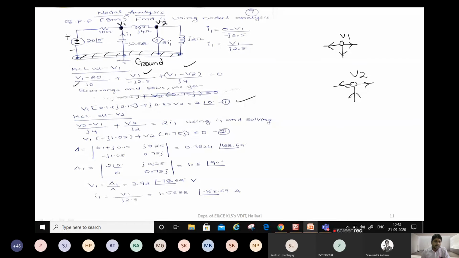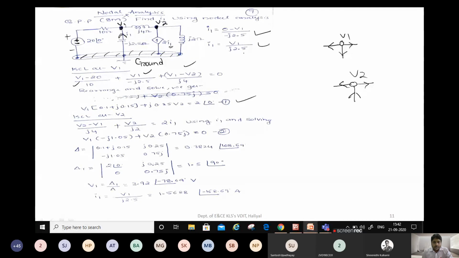But 2 times I1 is a dependent current source. So how to define I1 now? We have to look into the I1 direction. I1 is defined here, and the current is flowing like this. So you have to consider (ground minus V1) divided by minus j2.5 ohms, as shown here.